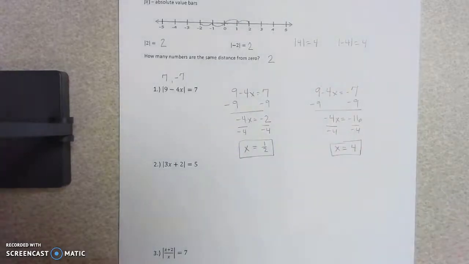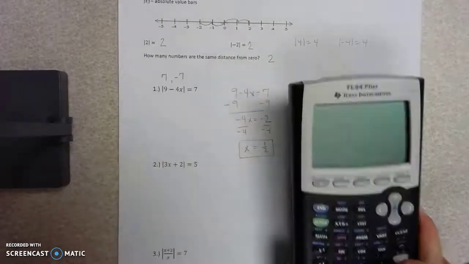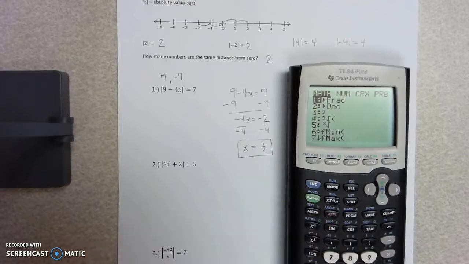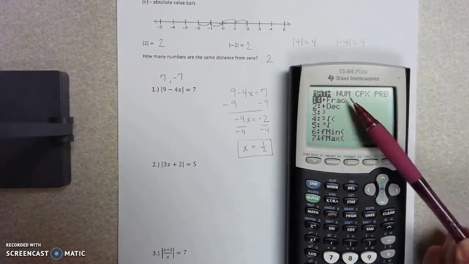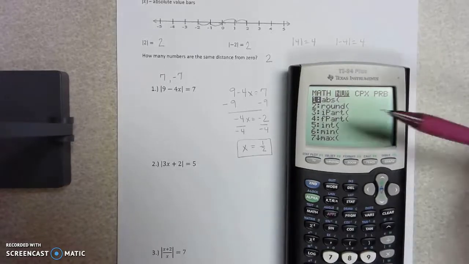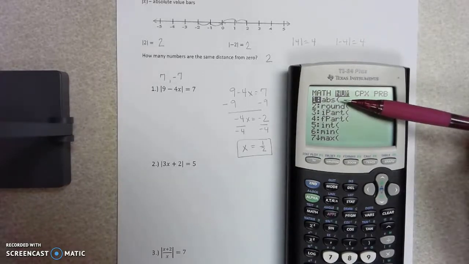On my calculator, I can check my answer. To get to absolute value, hit the math button, then arrow over to NUM and make sure it is highlighted. The very first option is ABS, that's absolute value.